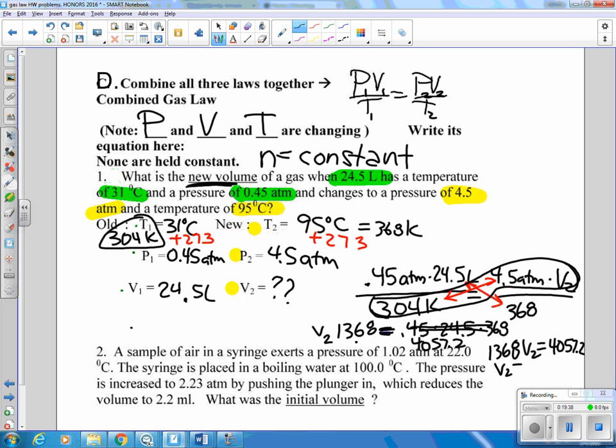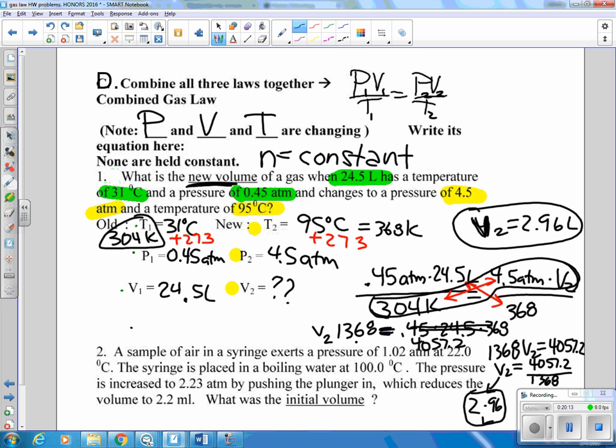So V2 equals 4,057.2 divided by 1368, and what that equals is 2.96. That's your answer in liters. You ultimately had V2 equaling 2.96 liters. It's kind of hard to predict what will happen because everything's changing, but that's what your answer is for this first one.